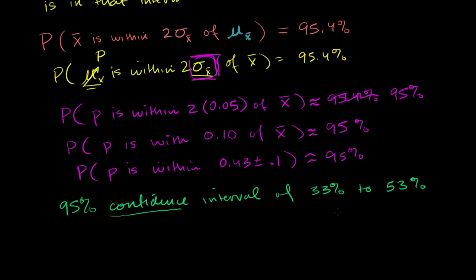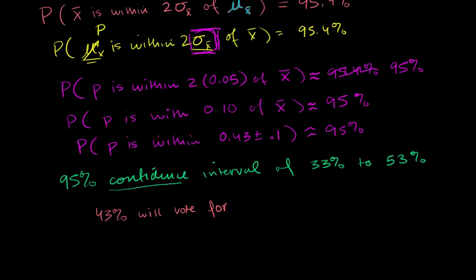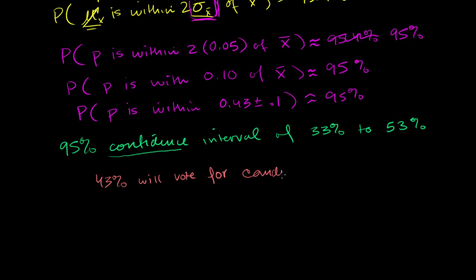Or another way, and you'll see this in a lot of surveys that have been done, people will say, we did a survey and we got 43% will vote for number 1. And number 1 in this case is candidate B. For candidate B, and then the other side, since everyone else voted for candidate A, 57% will vote for A. And then they're going to put a margin of error.